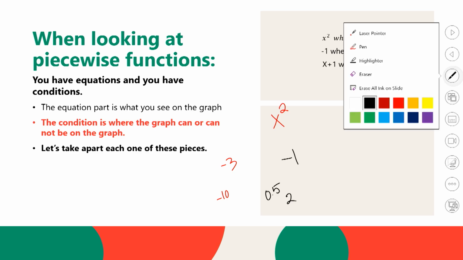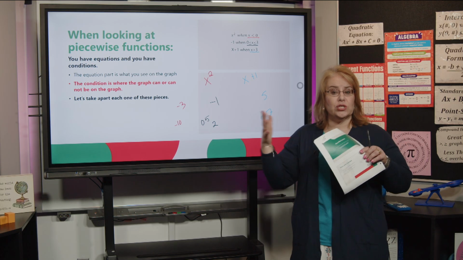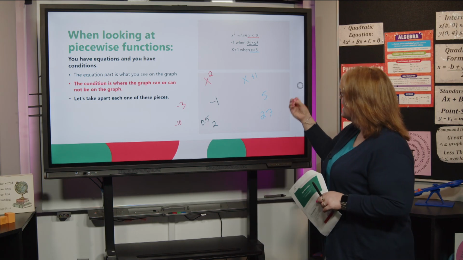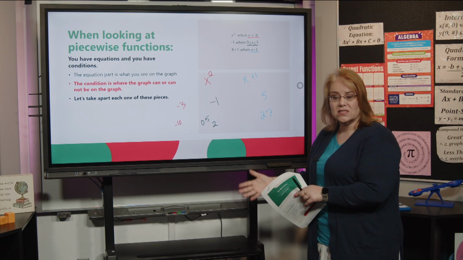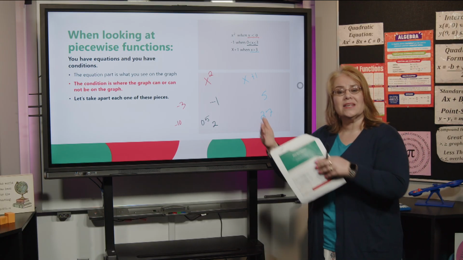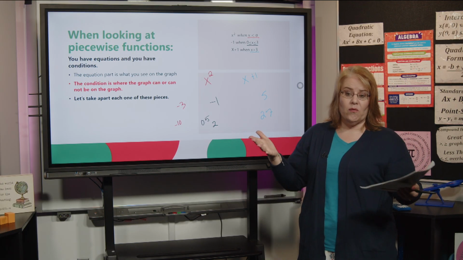Then our last portion, let's do blue: when my x's are larger than 3, I'm going to use x plus 1. So let's say 5 or 27, I would use the x plus 1, or I would look to that portion on the graph. That's how we're reading those. We use this when my x's are this, or we use this when my x's are this. They're different pieces of the puzzle that put together to make the whole function.